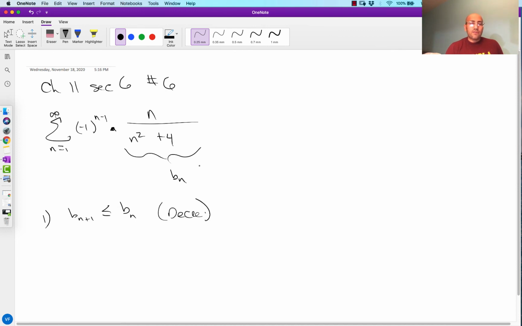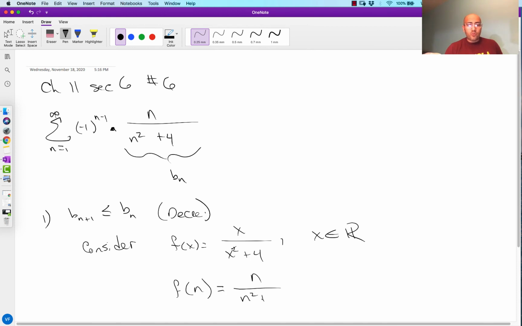Decreasing. And so to do that, we want to consider the continuous function f of x, which is equal to x over x squared plus 4. In this continuous case, x is any real number. It just so happens that if we input the counting numbers n, we get n over n squared plus 4, right?